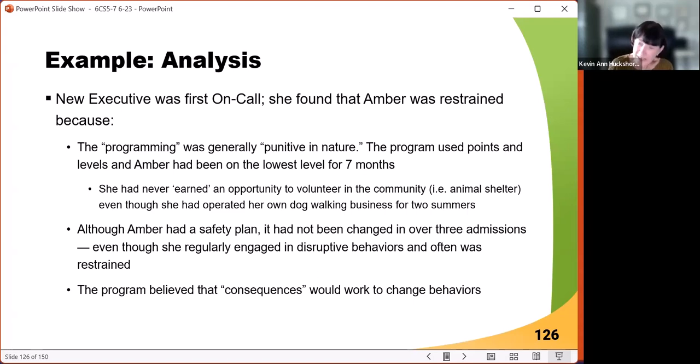And so they bring that belief, not everybody, but they bring that belief to work. And I can't tell you how many times I've heard a staff member say to me or to a colleague, yeah, if that was my kid, they wouldn't get away with that. And that's just an example of that mindset, that somehow consequences change behaviors. They don't, by the way. Next slide.